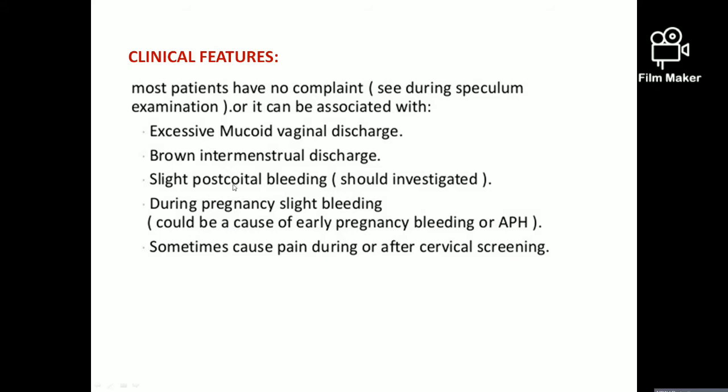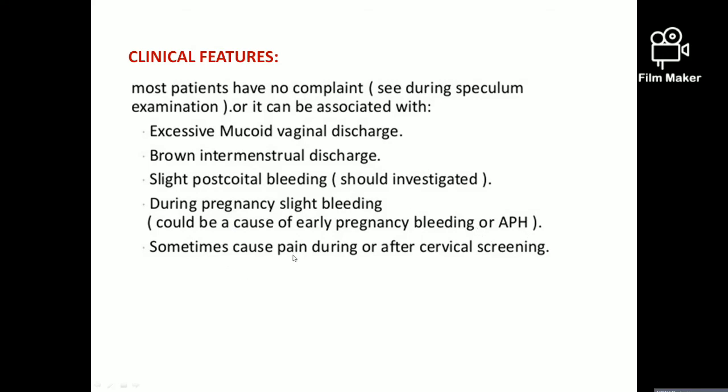So it can be seen during pregnancy. Slight bleeding can be seen. Most of the time it is considered as abortion, but we have to rule out properly. Examination and investigations, USG and all will guide you as to what is exactly the picture. So it could be a case of early pregnancy bleeding or antepartum hemorrhage, which is seen after 28 weeks of pregnancy.